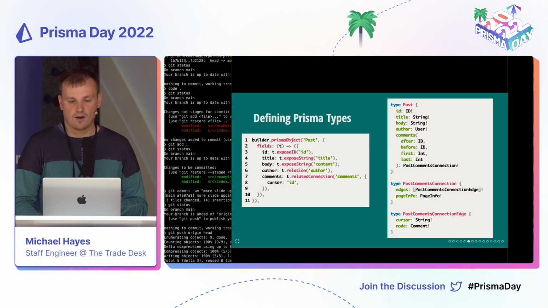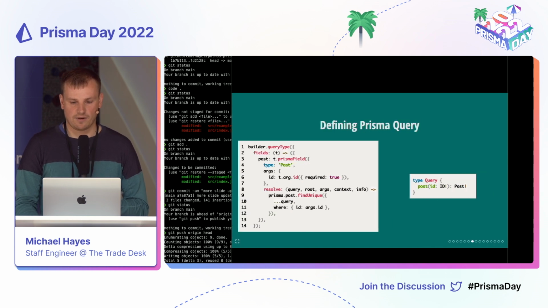And so all of this shows you how you can define some types and expose some fields, but it doesn't really show you how we are getting data. So the next step is where we get into how we use Prisma to actually start querying this data.